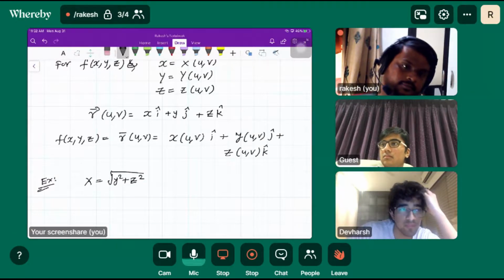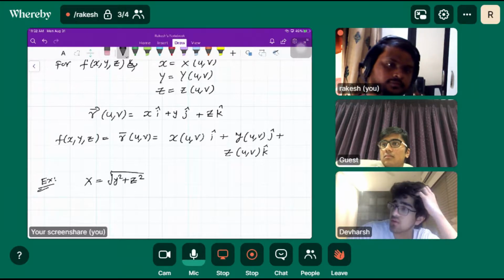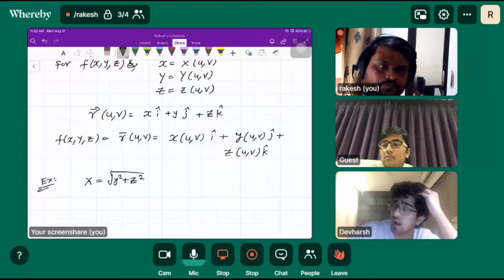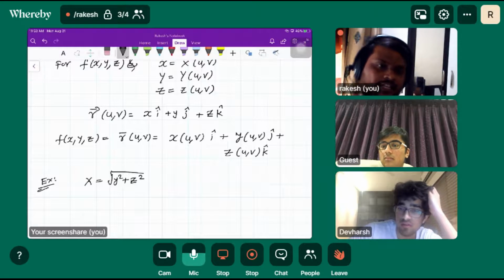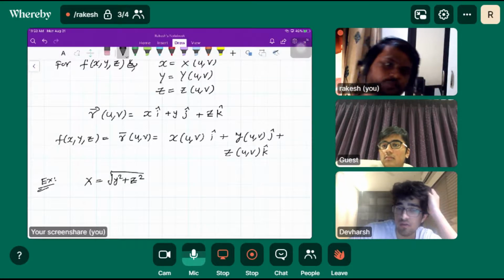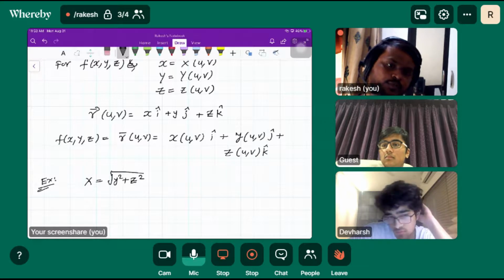What will it be called? No, no. You can put different values for x and you can have an idea about the surface. If you put x is equal to 0, then y square plus z square is equal to 0.